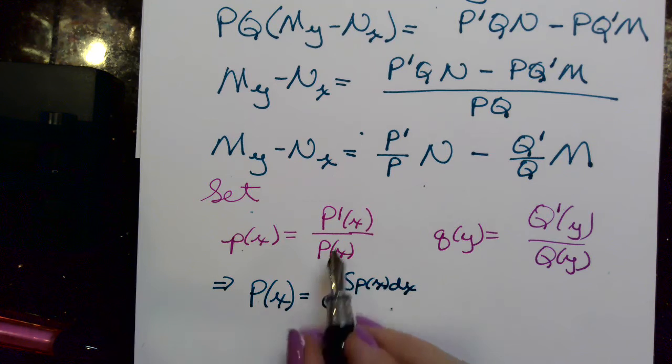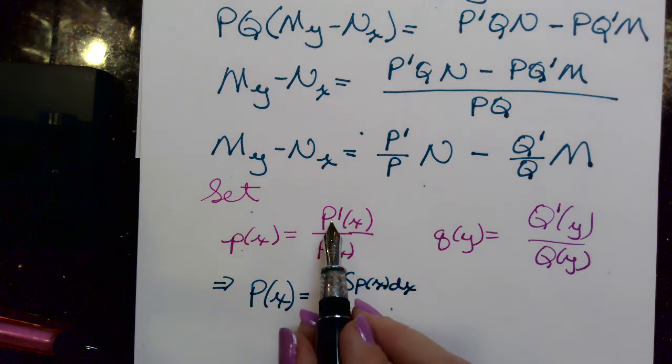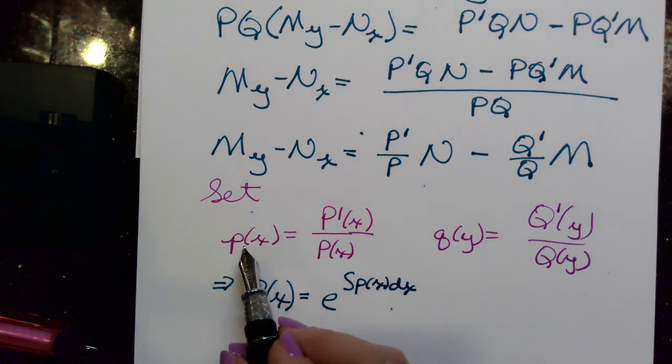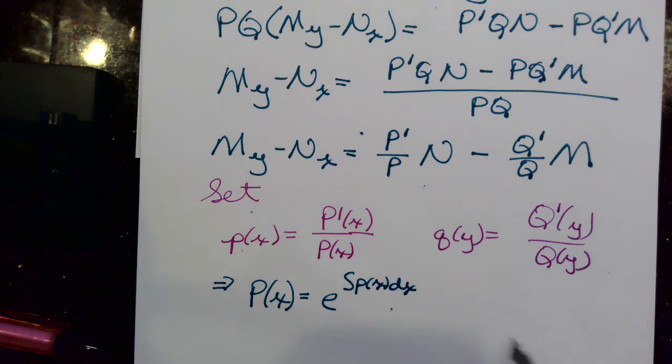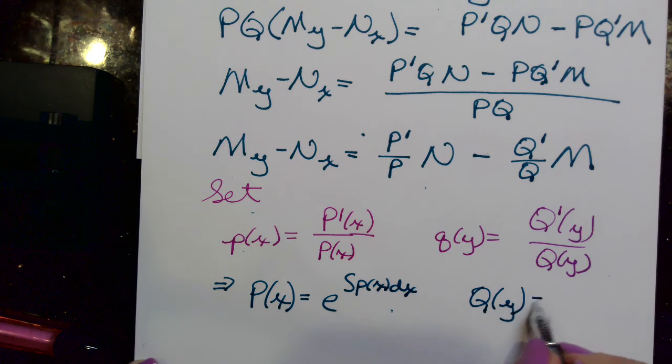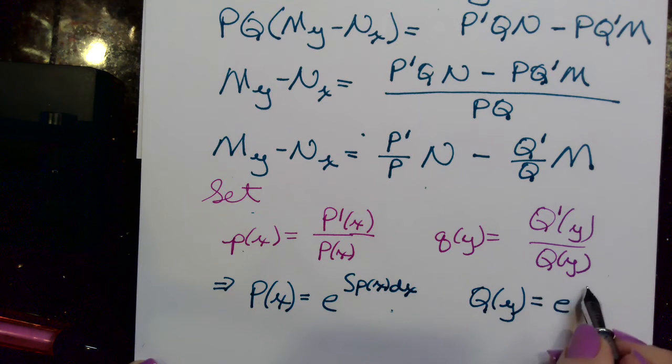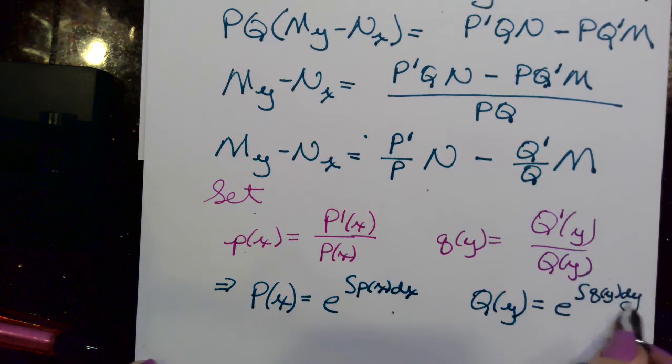That's easy to integrate, right? Just write this as d capital P dx, multiply by dx, and integrate on both sides, and then exponentiate. We've done that quite a bit so far. And capital Q of y is e to the integral little q of y dy.